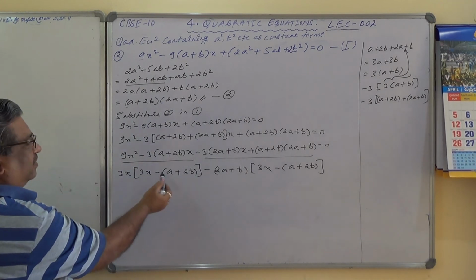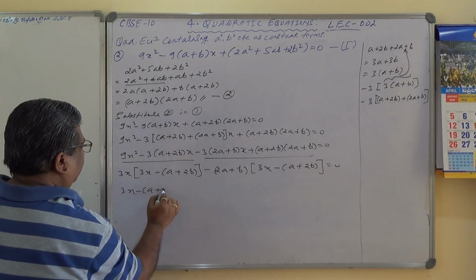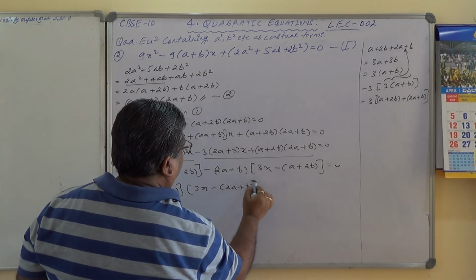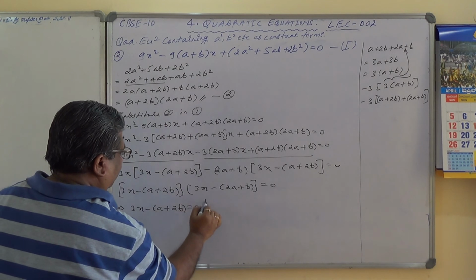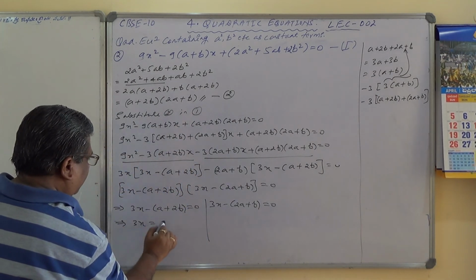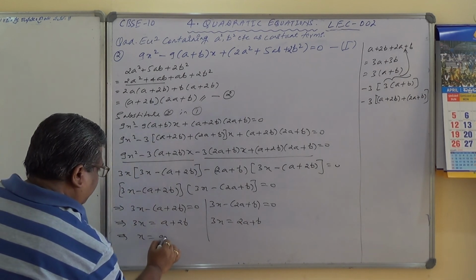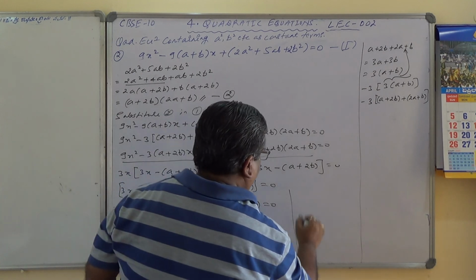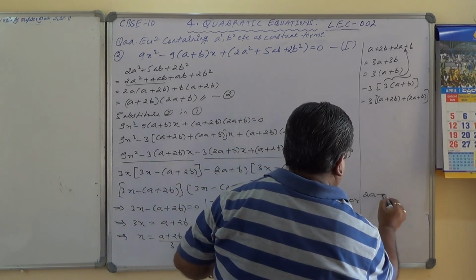Correct. Now check it. 3x minus a plus 2b equals 0, so this implies, therefore finally x equals (a plus 2b) by 3 or (2a plus b) by 3.